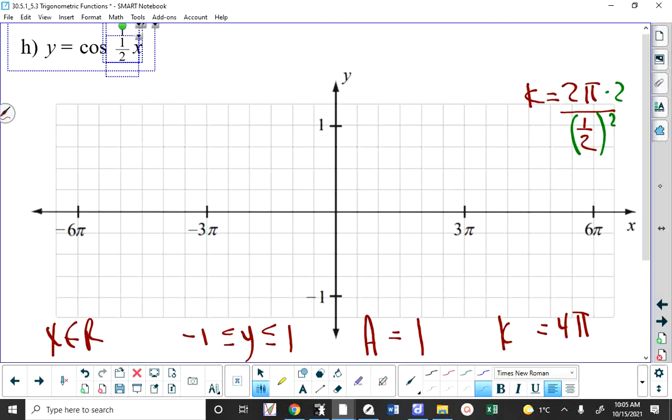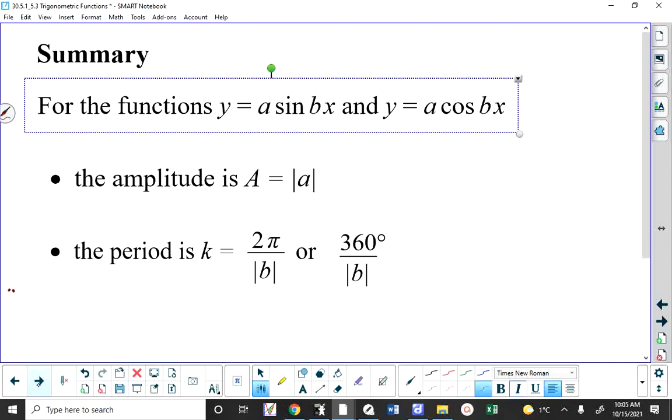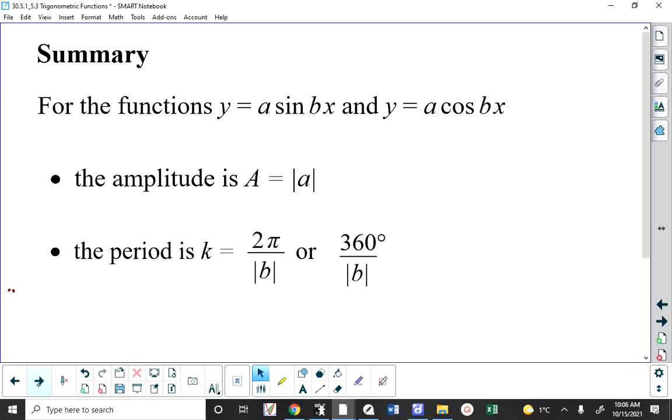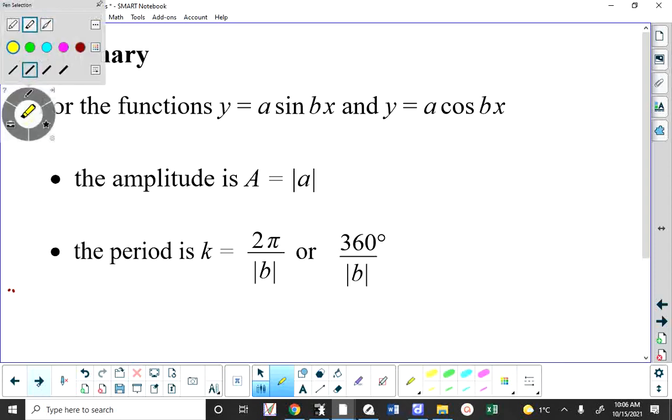They are all learning exercises so that we can say the following. When you have either of these functions, y equals a sine of bx or y equals a cos of bx, the amplitude will always be determined by looking at the parameter a.